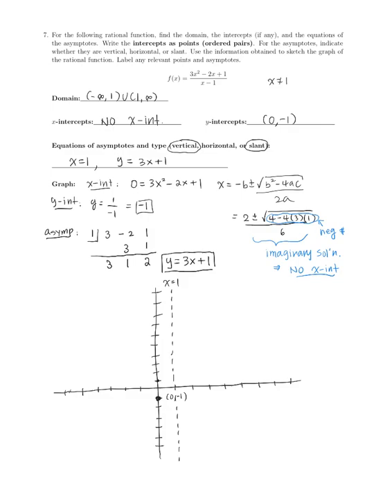So it looks like this is going to be our slant asymptote. Since your graph has to go through the y-intercept, it looks like we're going to have this situation going on for the bottom part of it.